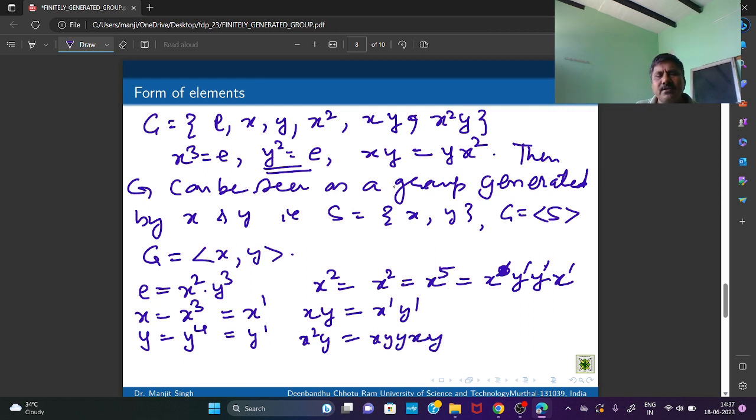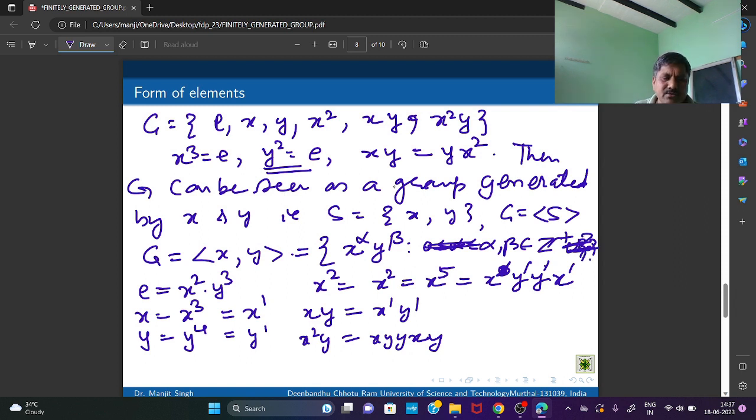So you can see that every element of this is x raised to power alpha, y raised to power beta. Here alpha and beta can be taken as positive integers, including 0, or you can exclude 0 here.